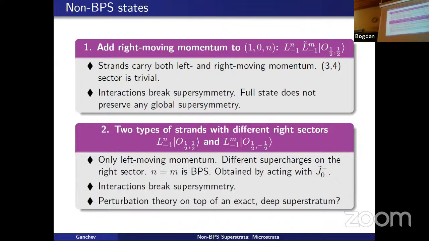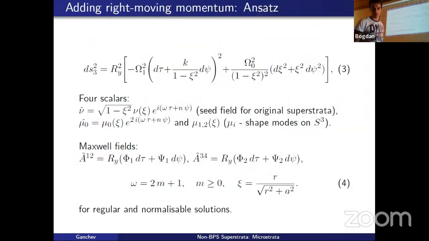The reason we started thinking about states like that is that, if we have the (1,0,n) superstratum in the 1,2 sector, maybe we can keep this exact and then consider this as a perturbation. But we'll get into that later. Okay, so these are two constructions that we have, and I'll start with the first one.